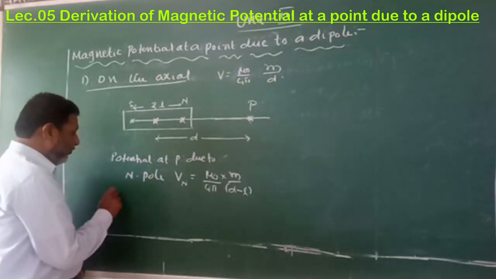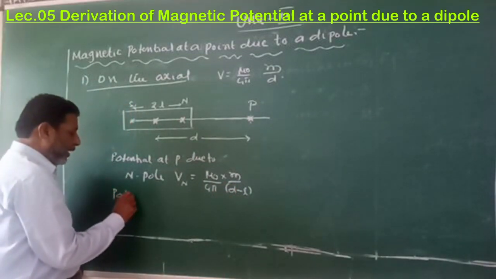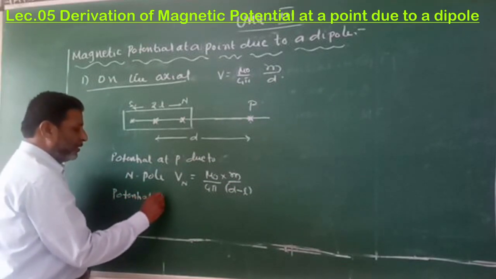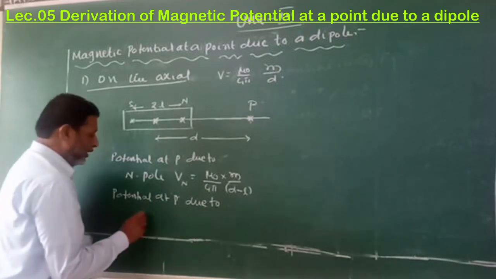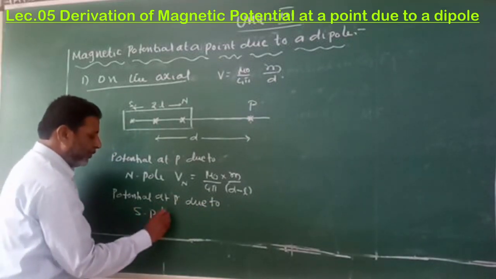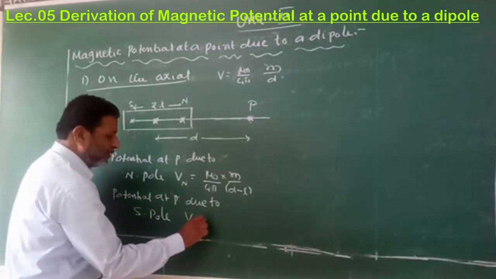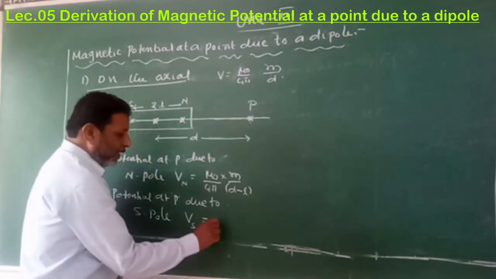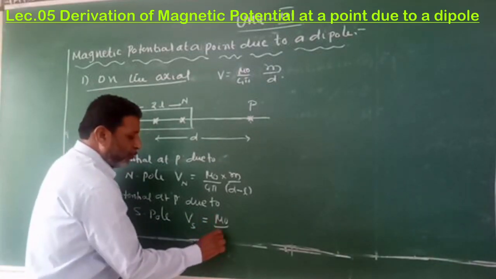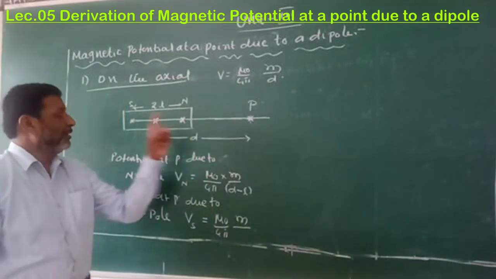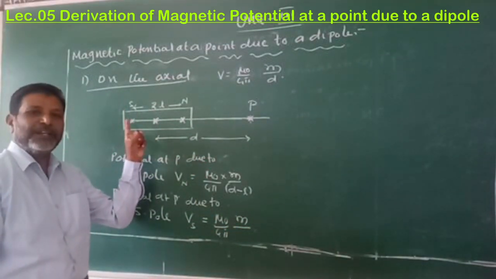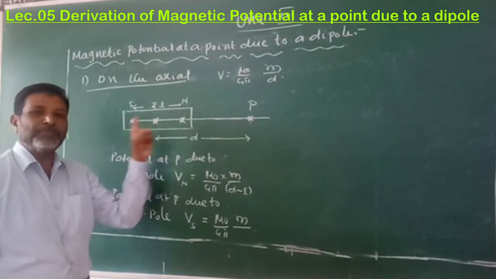Next, in the same way, potential at P due to the South Pole is equal to mu naught divided by 4 pi into M divided by the distance of this point from the South Pole.